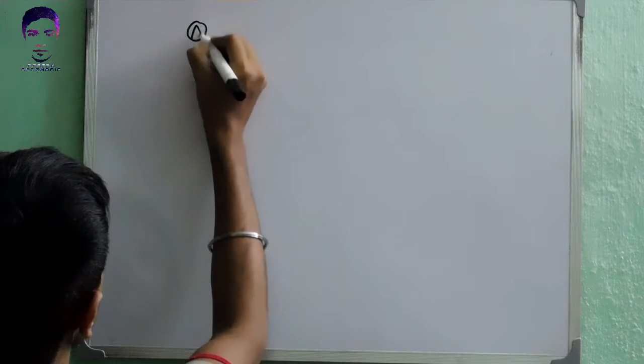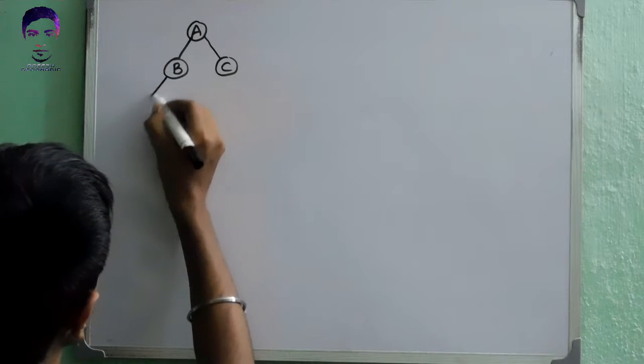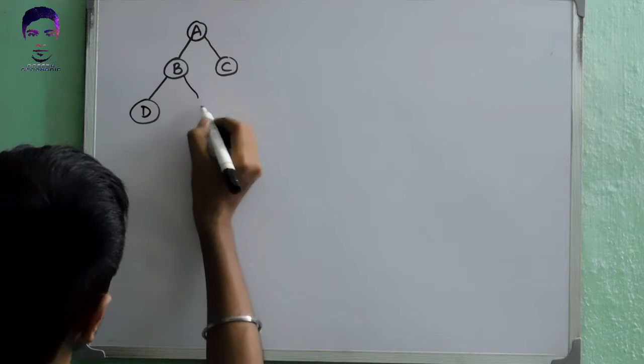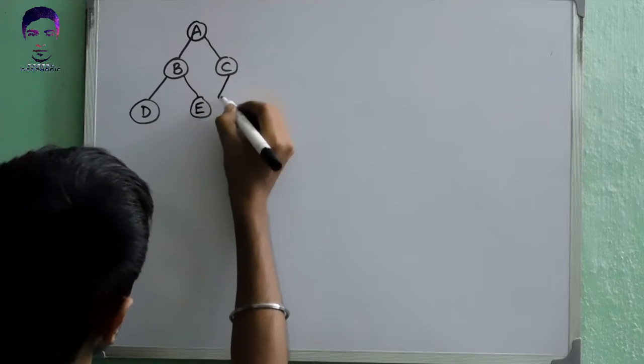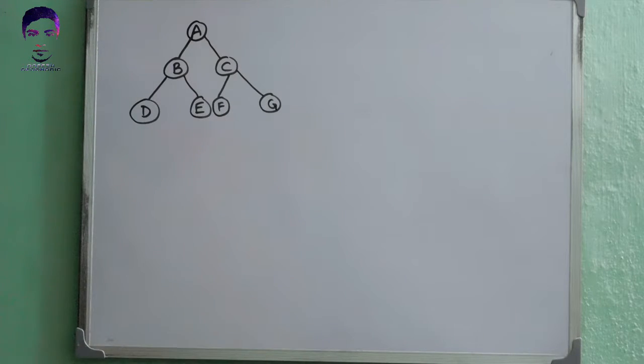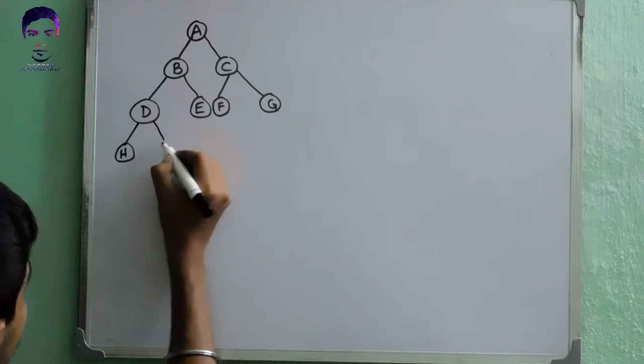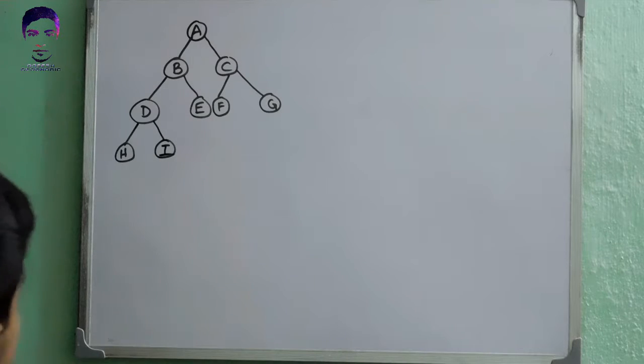So the tree on which we are going to perform the traversal is something like this. Okay, so this is the tree on which we are going to perform the traversals.